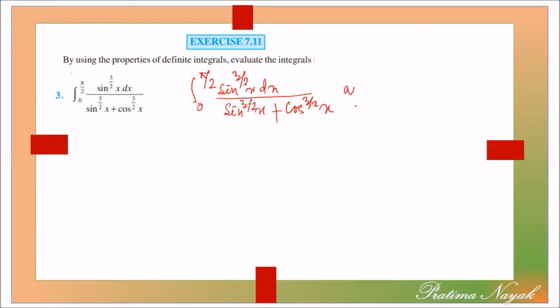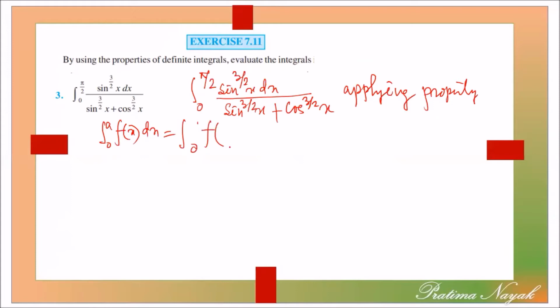dx, applying property. Don't forget to write applying property. What is the property? Mention the property: integral 0 to a f of x dx is equal to integral 0 to a f of a minus x dx.